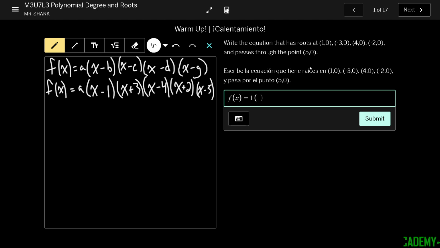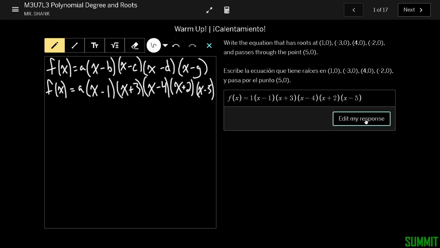Our sets of parentheses: we have (x minus 1) times (x plus 3) times (x minus 4) times (x plus 2) and (x minus 5). Okay, so I have 5 points that it goes through on that x-axis. And I know these are x-intercepts because they are where the y value equals 0.